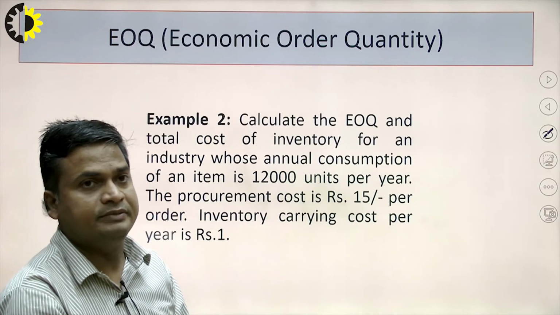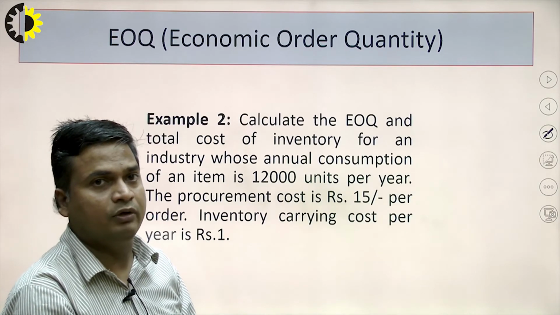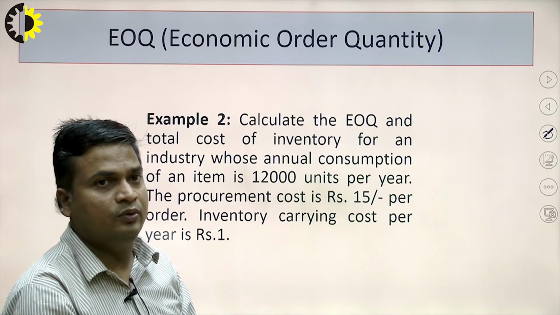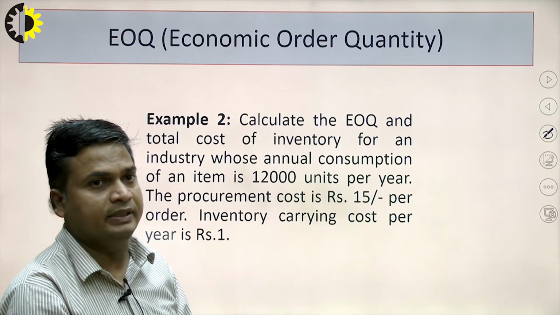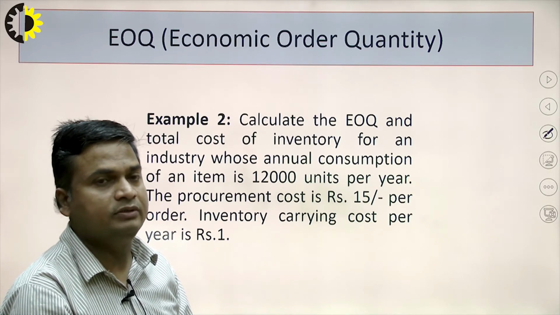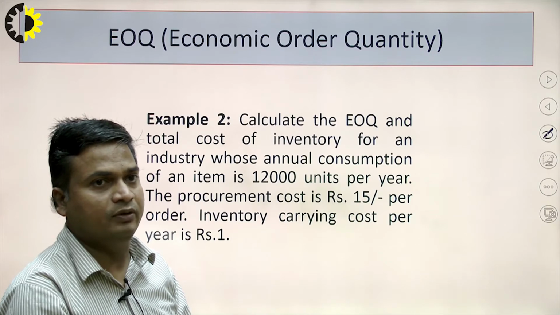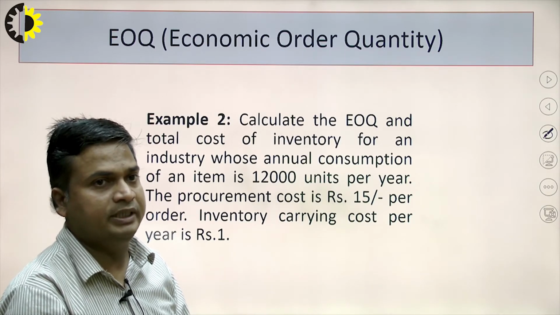Now, second question is calculate the economic order quantity and total cost of inventory for an industry whose annual consumption of an item is 12,000 units per year. The procurement cost or the ordering cost is rupees 15 per order. Inventory carrying cost per year is rupees 1.